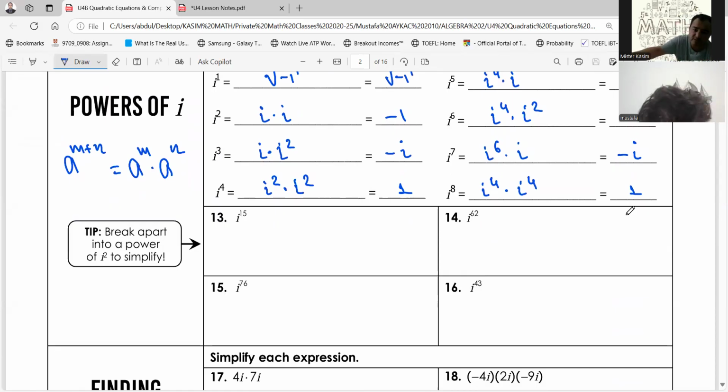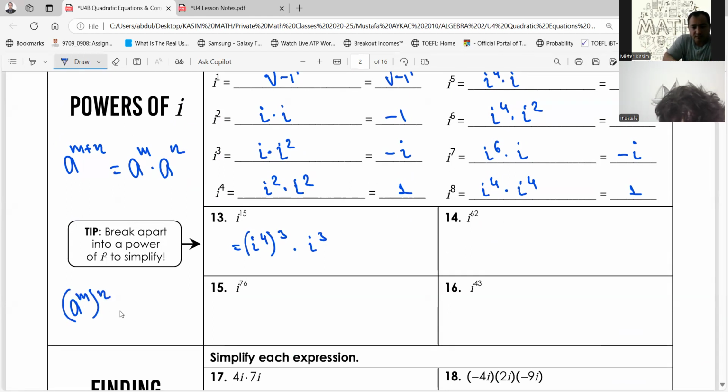How can you write this if we just split this power? Can you write it as i to the power of 4 to the power of 3 times i cubed? Because I'm using this property: a to the power of m to the power of n is equal to a to the power of m times n. And you know what i to the power of 4 is, right? It is 1. 1 to the power of n is just 1.